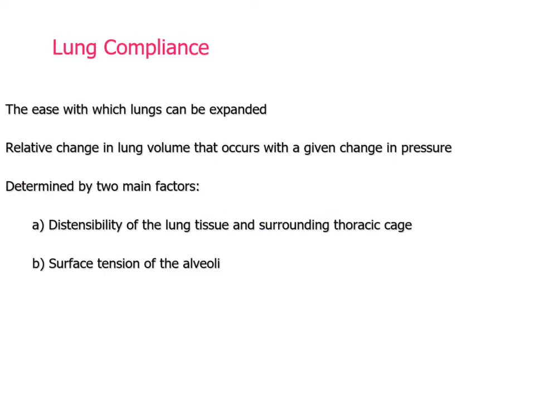Now, in respiratory physiology, physiologists always like to talk about, instead of elasticity or recoil of the tissue, compliance. Compliance is the ease with which the lungs can be expanded.